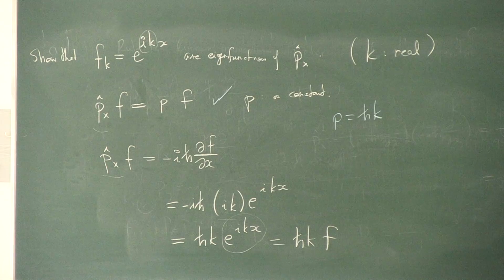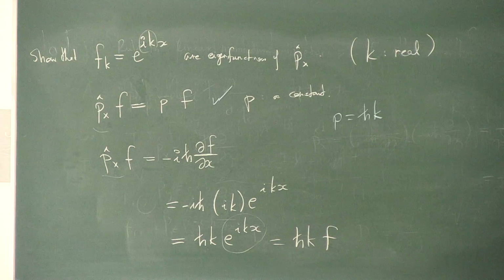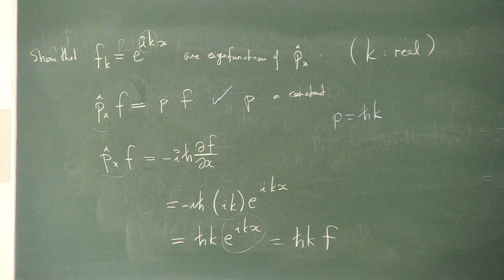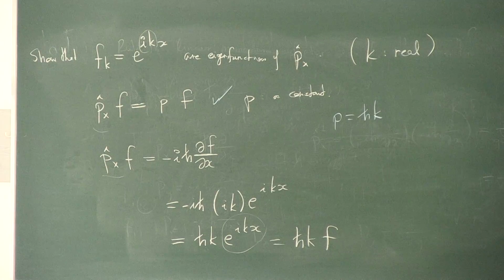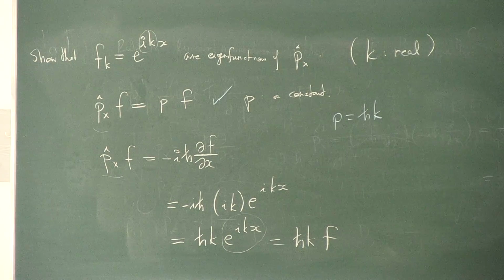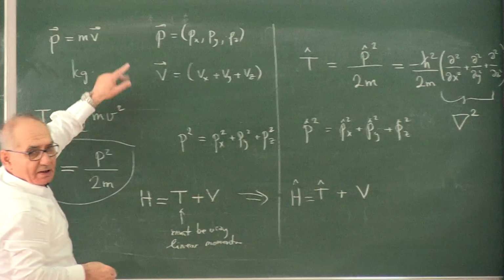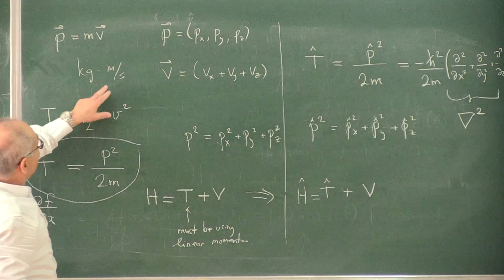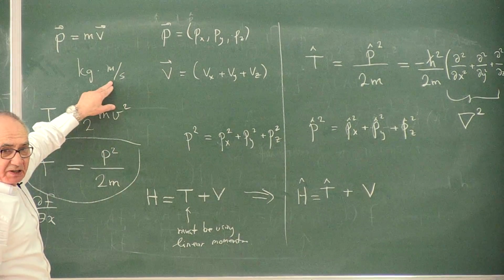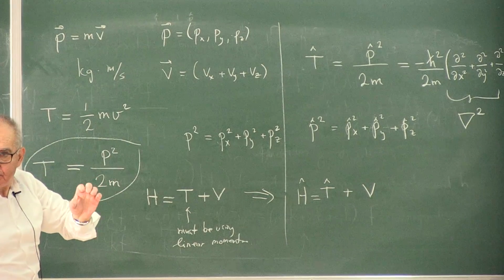What is the unit of linear momentum? Use the SI units. What is the SI unit for mass? Kilogram. Multiplied by, what is the SI unit for velocity or speed? Meter per second. So kilogram times meter per second is the SI unit for linear momentum.